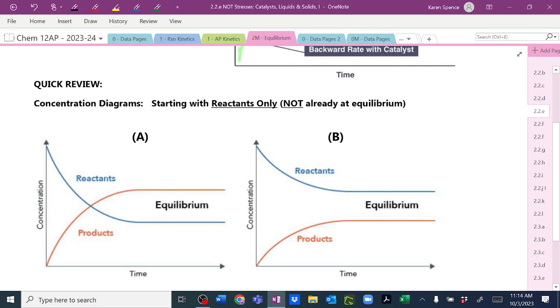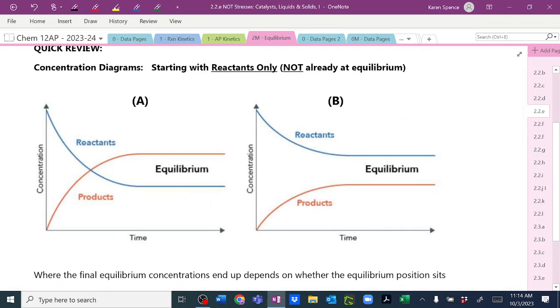At equilibrium in situation A, would you say reactants are favored or products are favored? What is favored in diagram A?